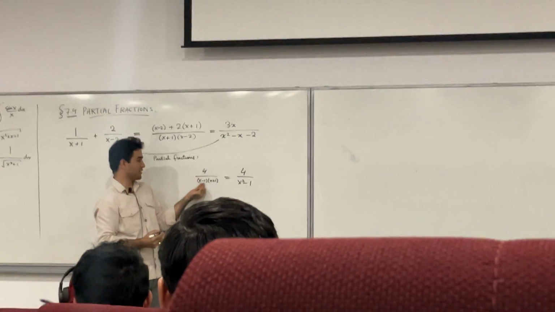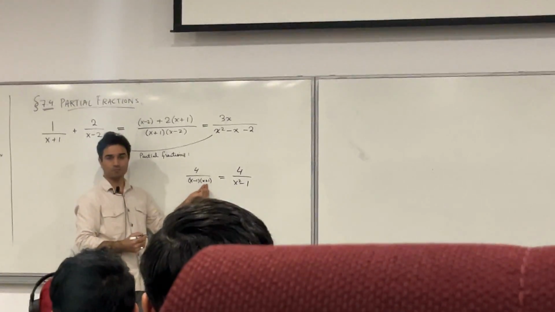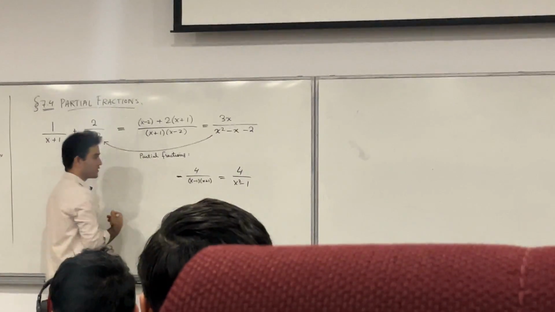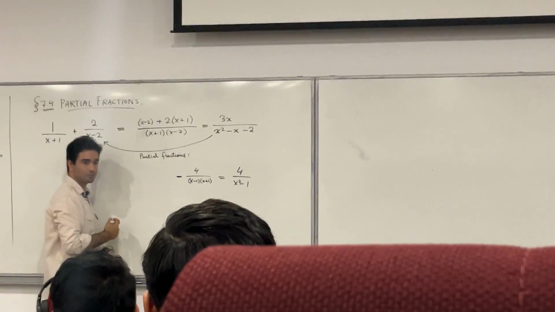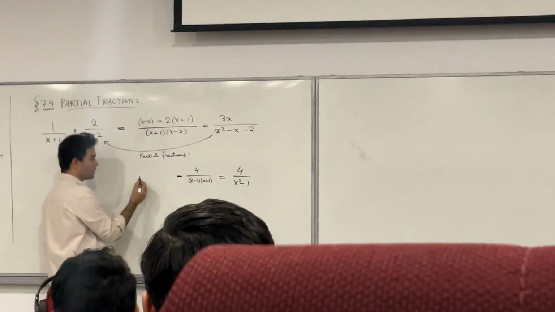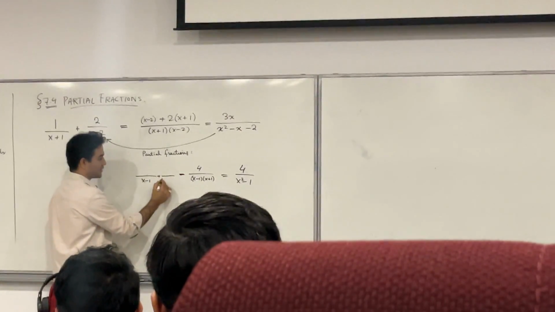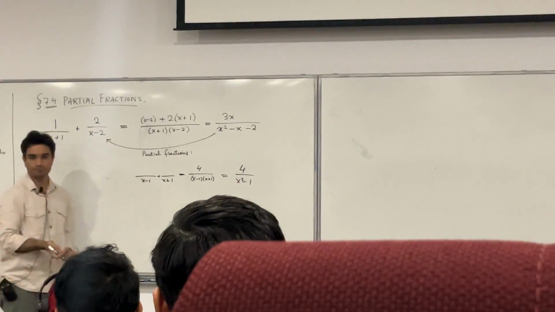Then you say, well, if there is this linear factor and this linear factor, x plus 1 and x minus 1, that means this function over here must be something over x minus 1 and something over x plus 1, right?